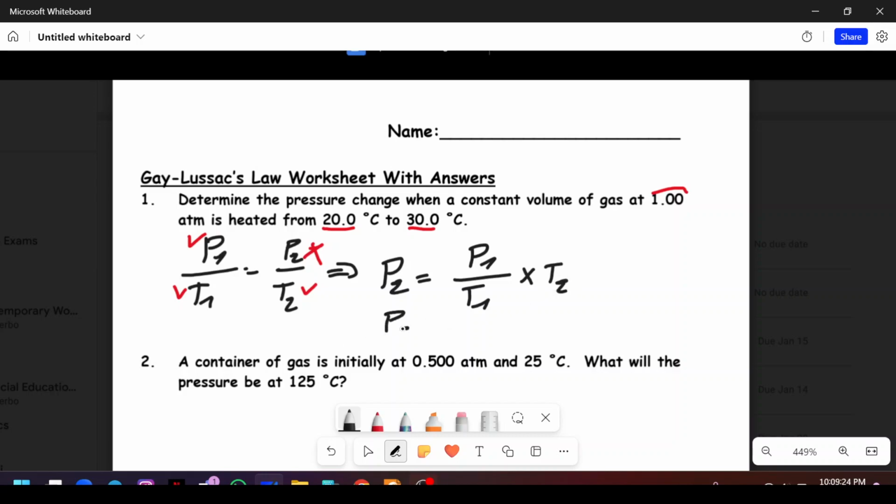Substituting each term with its value, P2 would be equal to 1 atmosphere times T2, which is 30, divided by T1, which is 20. So this is 3/2 atmosphere.